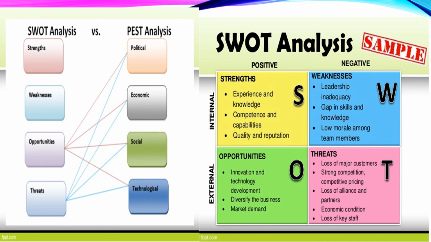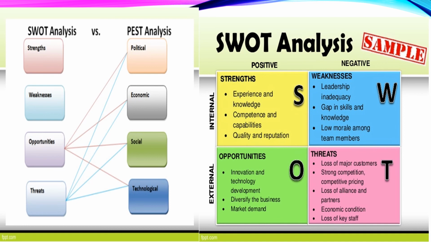Next, we have SWOT analysis example. S stands for strengths, W stands for weaknesses, O stands for opportunities, and T stands for threats. Under strengths, we have the experience and knowledge, competence and capabilities, quality and reputation.